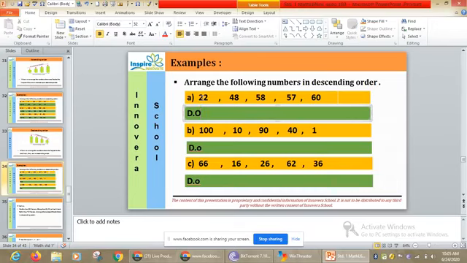So here in the tens place there is 2. Here in the tens place 4, 5, 5 and 6. So in the tens place which number is smaller here? 22. But we are arranging the numbers in descending order, that is from big to small. So which number will come first?